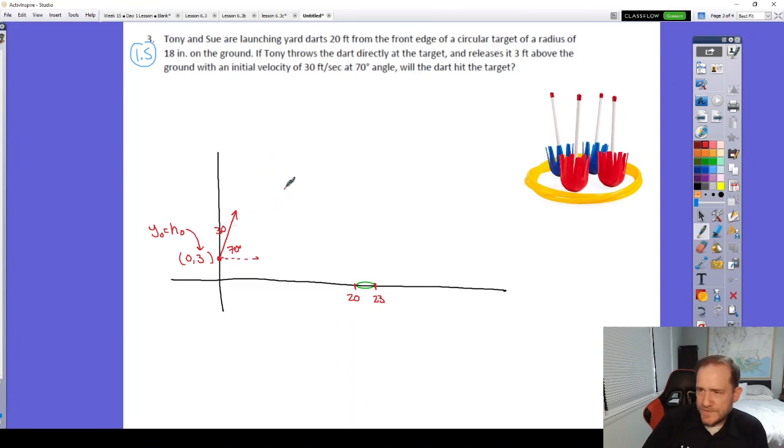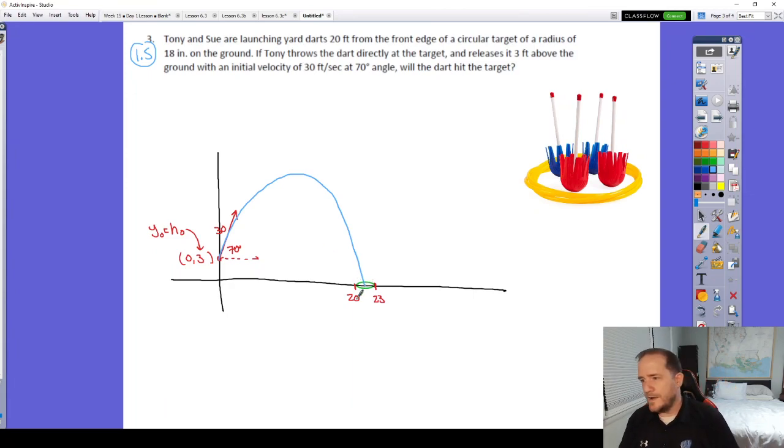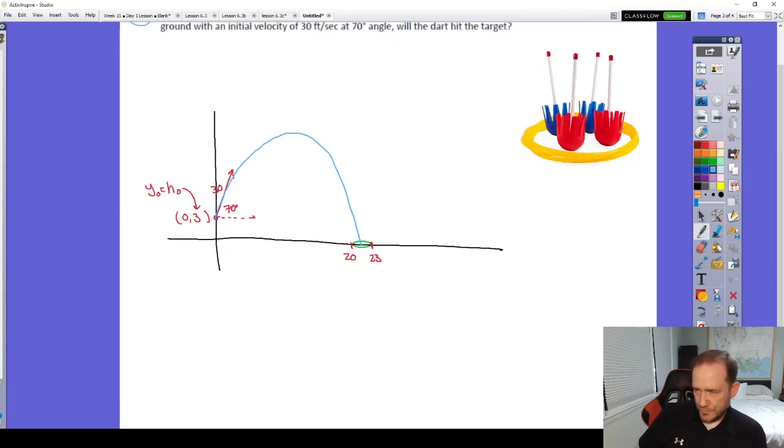I have no idea whether that's a strong throw or not, but the idea is the lawn dart's going to go up, come back down, and if it lands here, then we have a winner. If it lands too far, if it lands too short, then no winner. There are 2 ways you could attack this problem. One way significantly easier than the other, but not as good.